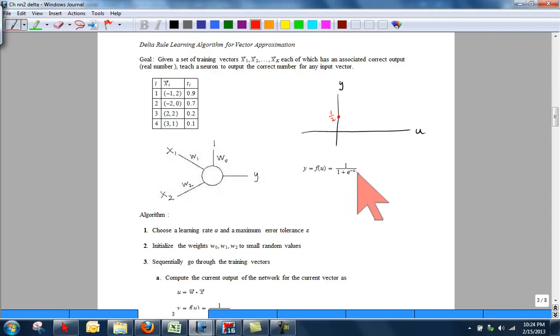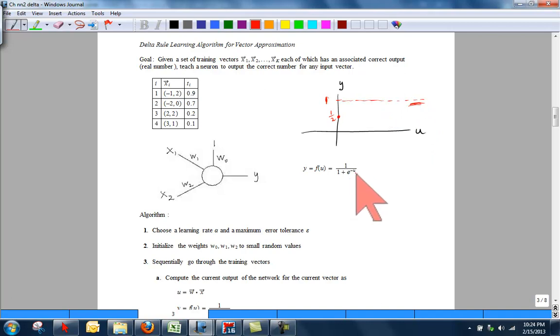So in the limit, this term in the denominator is going to 0, and the entire fraction then will go to 1, and that's in the limit, so it's a horizontal asymptote. So out in here, we're asymptotically approaching y equals 1. How about the other direction?